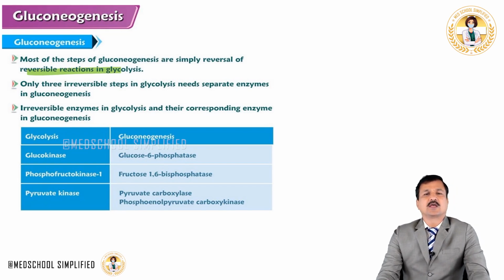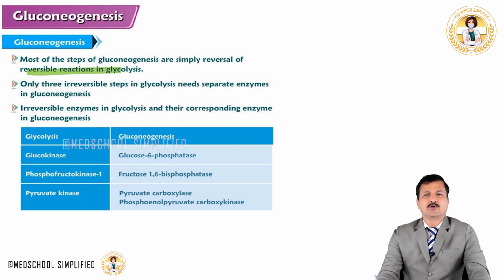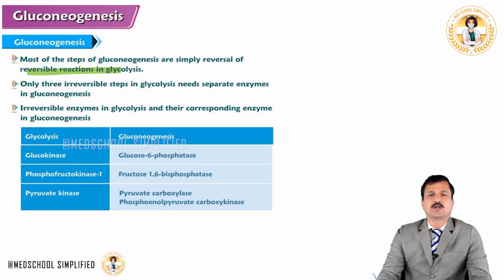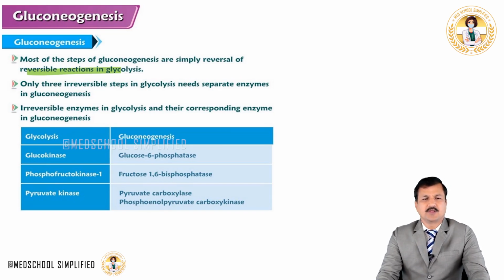That means the enzymes participating in glycolysis, the conversion of glucose into pyruvate, all those reversible-reaction-catalyzing enzymes, will be used in gluconeogenesis to conduct the reaction in reverse order, that is, to come from pyruvate back into glucose. So the cell will use the same enzyme. That you need to know first.